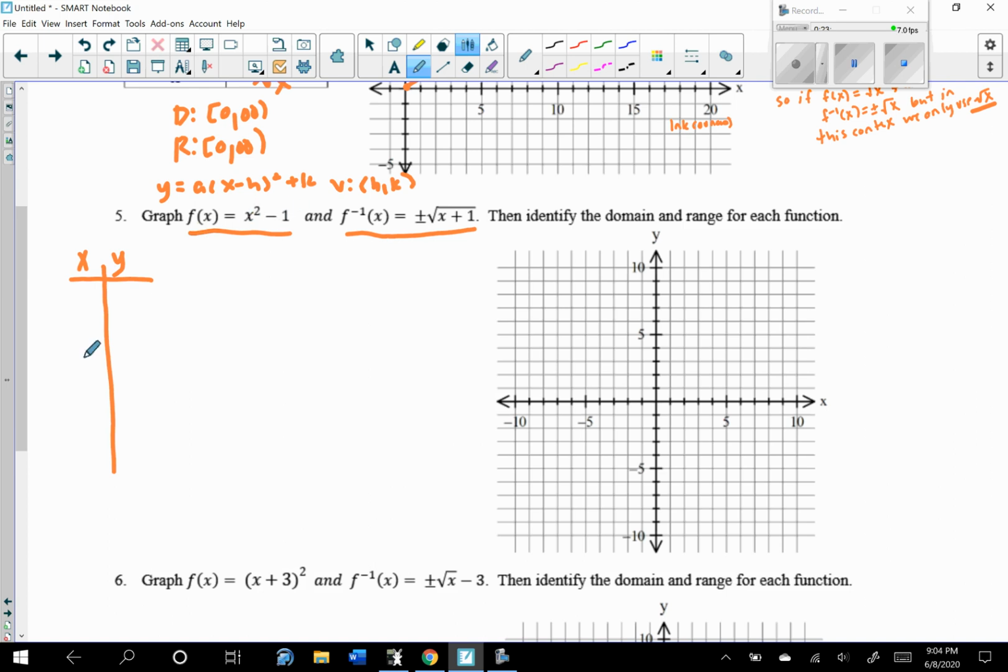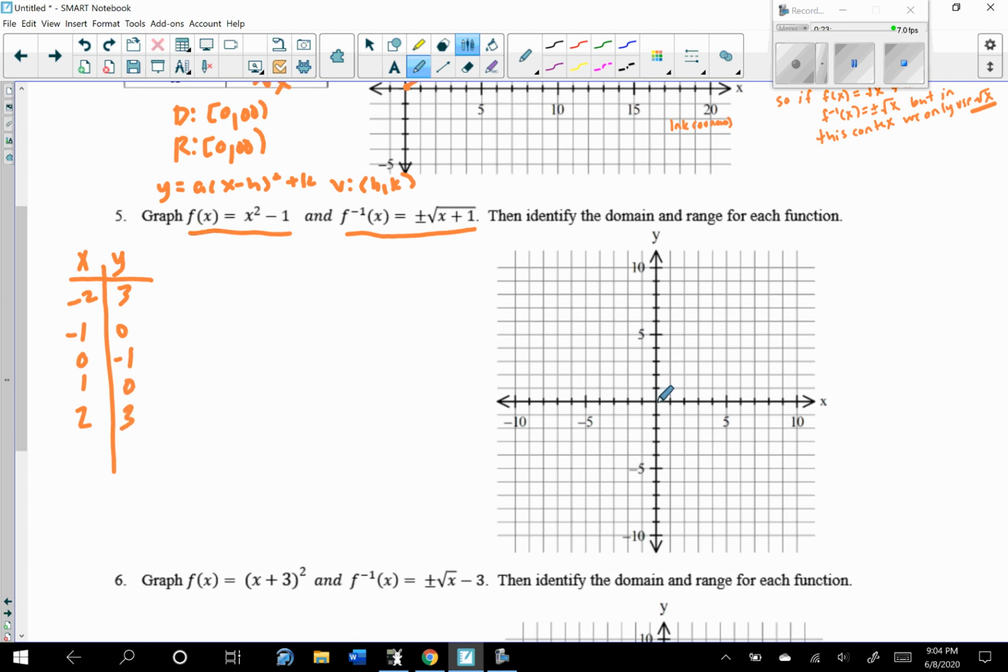So remember, each side of the graph of the parabola should be the same. So I'm going to pick 2 points to the left and the right of that. So we have negative 1, negative 2, and then 1 and 2. So if I plug in negative 2, squared is 4, minus 1 is 3. If I plug in negative 1, I would get 0. If I plug in 1, I would get 0, and this would be 3.